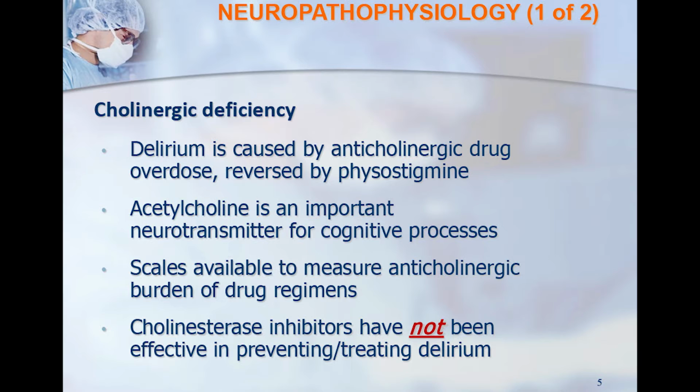So any drug which has anticholinergic activity can cause delirium, especially overdose, like Benadryl. Unless there's a drug anticholinergic overdose, delirium, the anticholinesterase inhibitor evidence is weak. They are not really helpful in treatment.